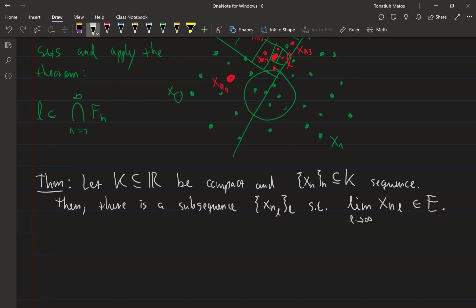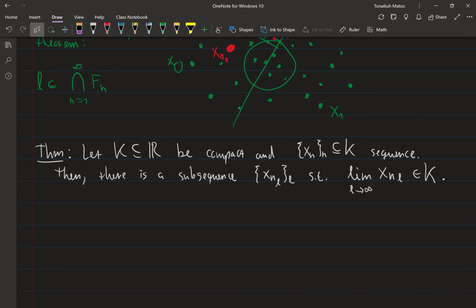It's not just a subsequence that converges, but it converges inside K, right? And this is what I would call the Bolzano-Weierstrass theorem, but maybe it's not that important.